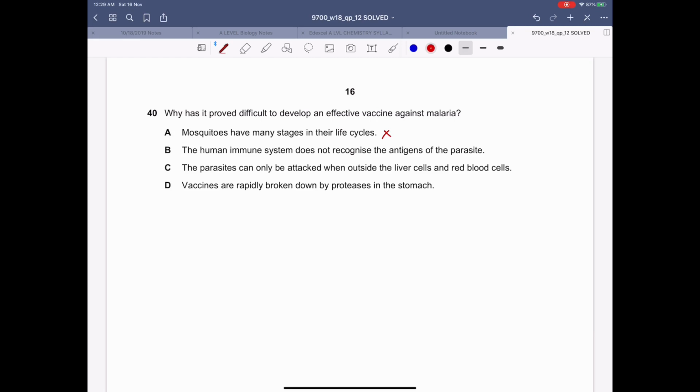The human immune system does not recognize the antigens of the parasite? No, it does. The parasite can only be attacked when outside the liver cells and red blood cells. That is the main reason. Vaccines are rapidly broken down by proteases in the stomach. Nope. Okay, so for question number 40, option C.